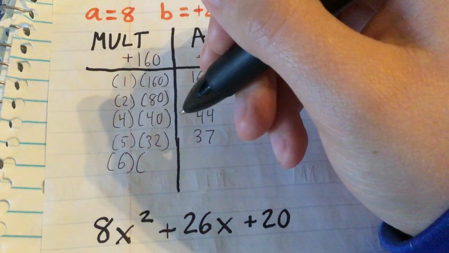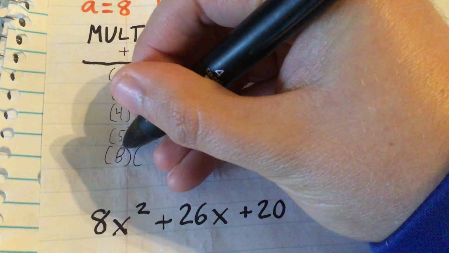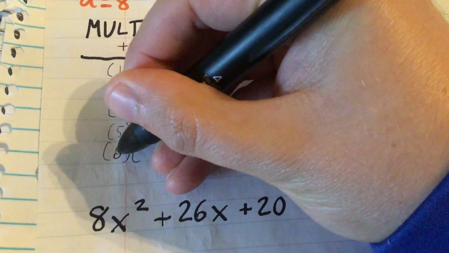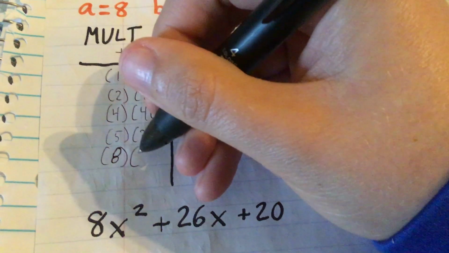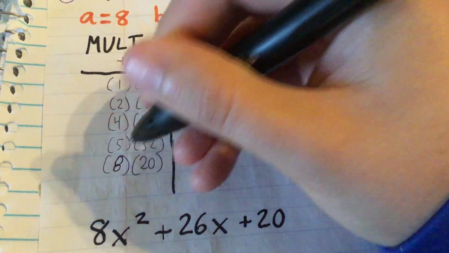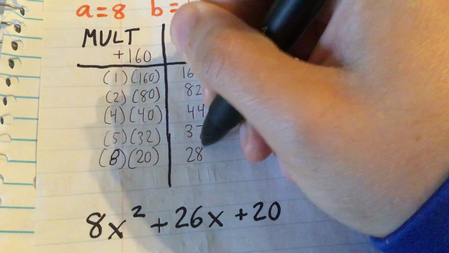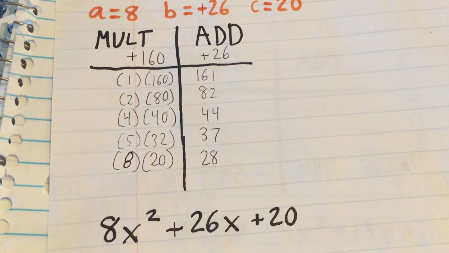Okay. 7 doesn't go into 160. 160 divided by 8, though. 8 times 20 is 160. 8 plus 20 is 28. Okay, well, that didn't work.